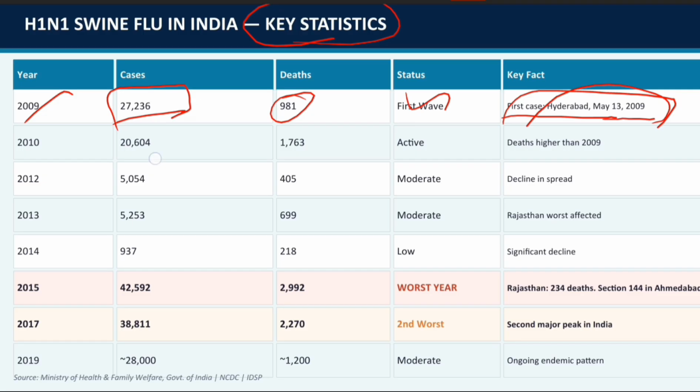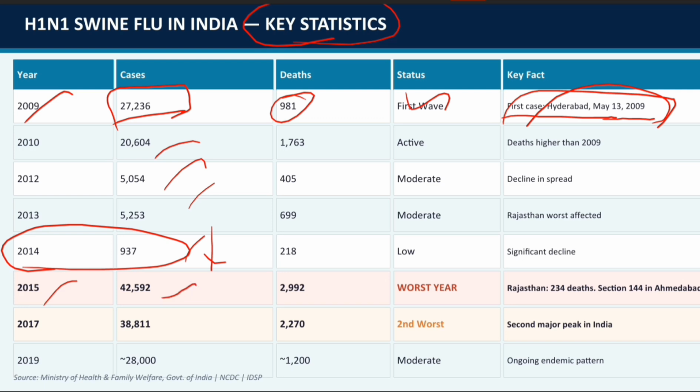Next you can see 20,000, then later it reduced. 2014 is very less. 2015 was a disaster. Almost 42,592 cases were registered and almost 3,000 deaths, 2,992, happened, and this was India's worst year.